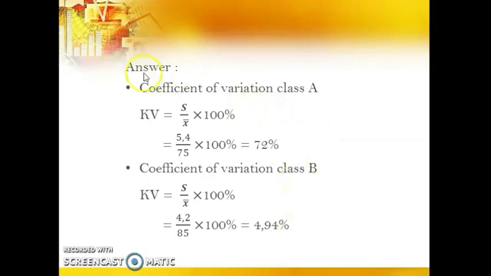We get the coefficient of variation of Class A is 7.2% and the coefficient of variation in Class B is 4.94%. Very easy, right?